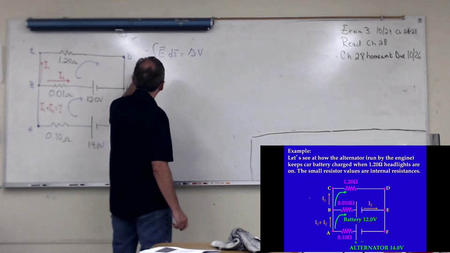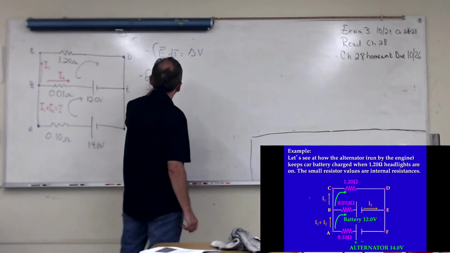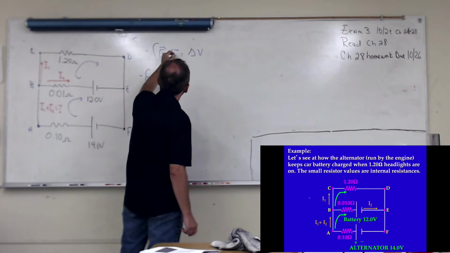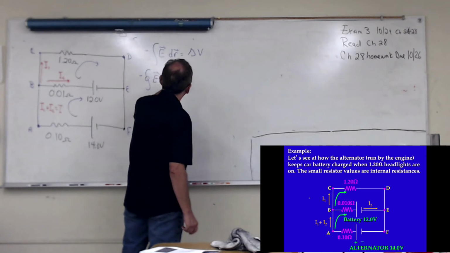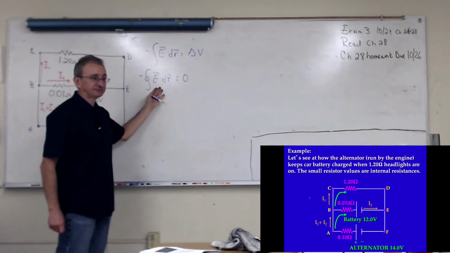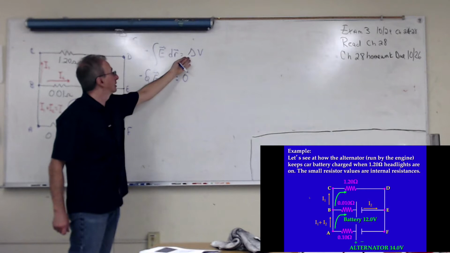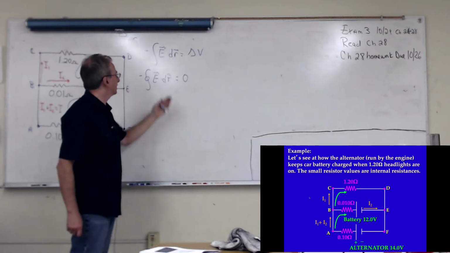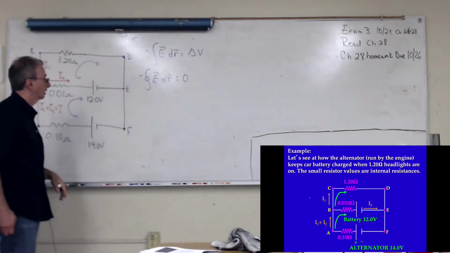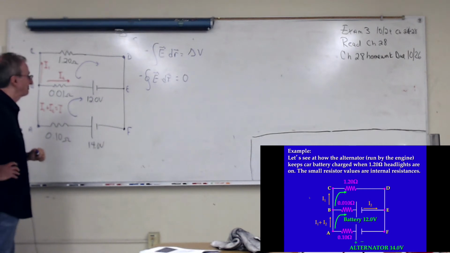If I integrate around the whole loop, I should make it R because I've been using R, I get 0. This is Kirchhoff's voltage law. But for each individual one, I'm just using this. The integration gives me delta V. E is uniform. Are we clear on that?